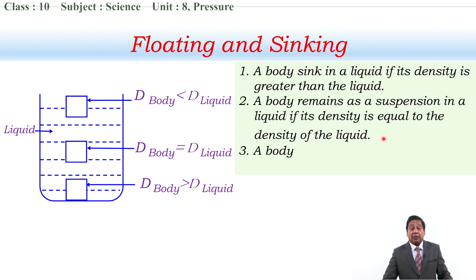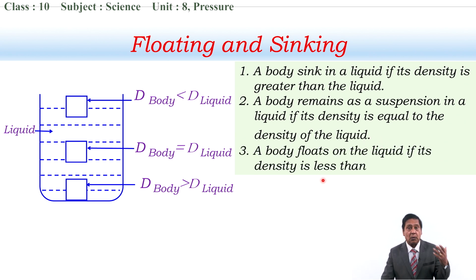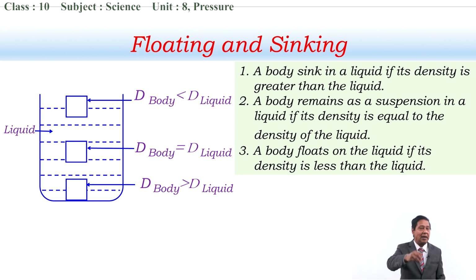But the flotation, in which condition does a body float? A body floats on the liquid if its density is less than the liquid. Okay? These are the possible cases when a solid body is placed in the liquid. In the context of density, I explained this.